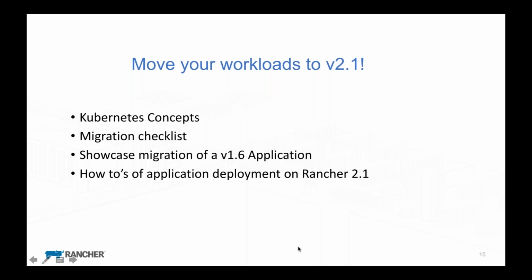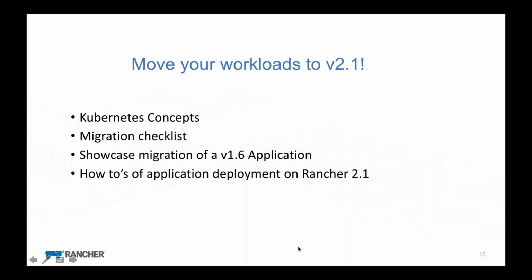All right, welcome everyone. We'll move on to the next part of the meetup. What we are going to go over today is how to move workloads to V2.1. First we will go over some Kubernetes concepts, because we need to know about some Kubernetes terminologies that are different from Rancher 1.6. Then we'll go over a migration checklist, which lists some bullet points that you need to consider when migrating your 1.6 setups to 2.1.